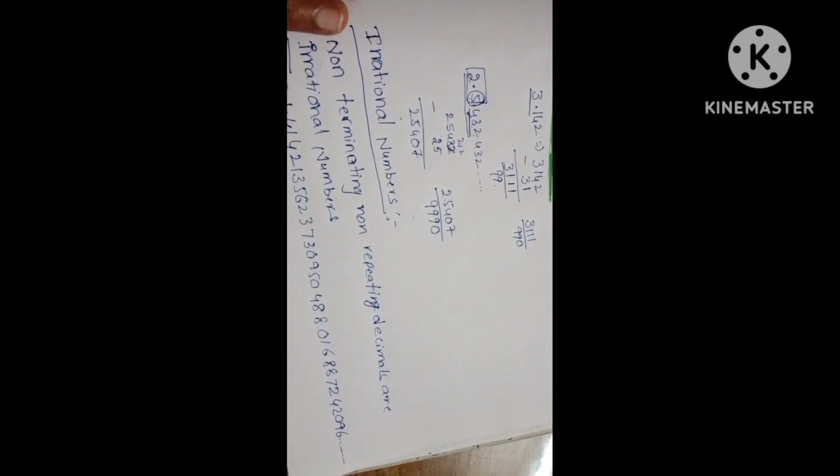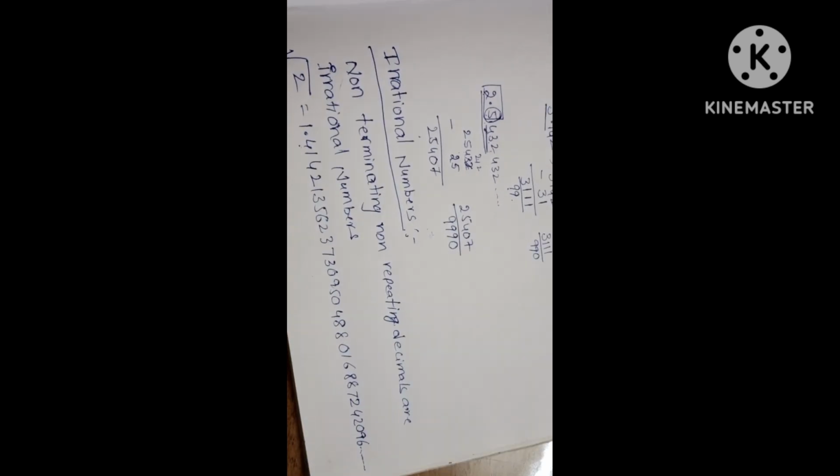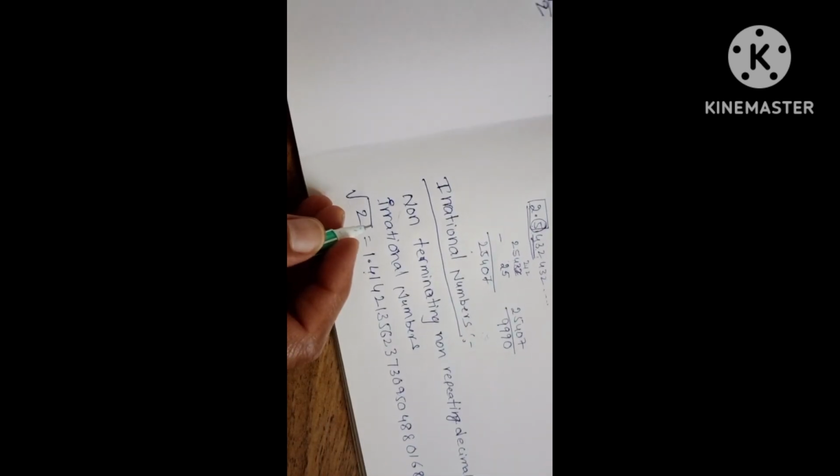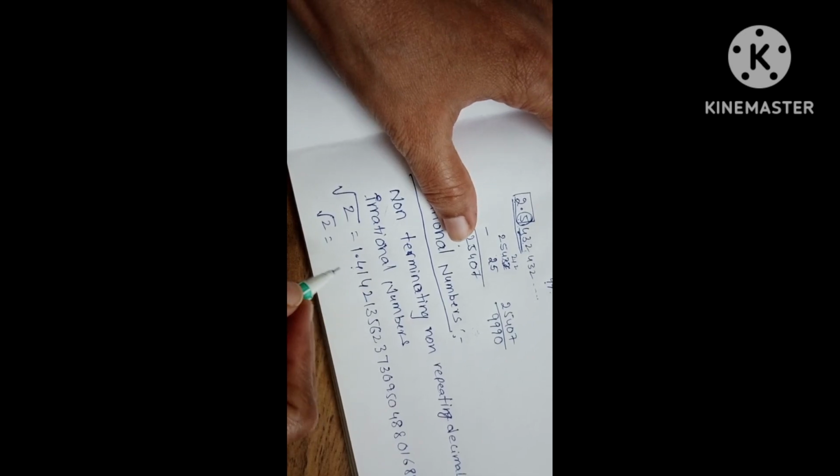So the mathematicians have developed various techniques to produce more and more digits in the decimal expansion for irrational numbers. In the Vedic period, 800 BC to 500 BC, you can find an approximation of root 2 as follows.